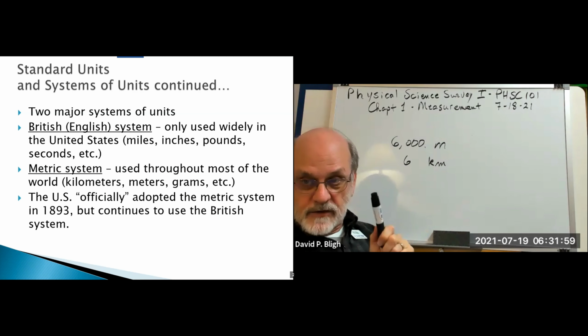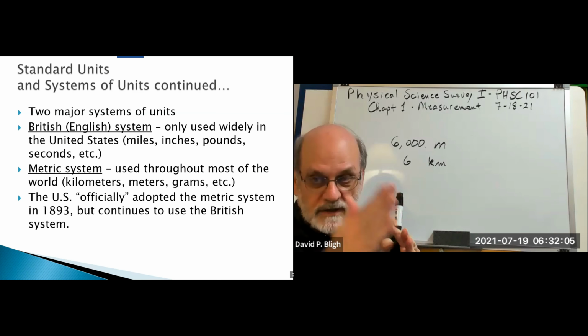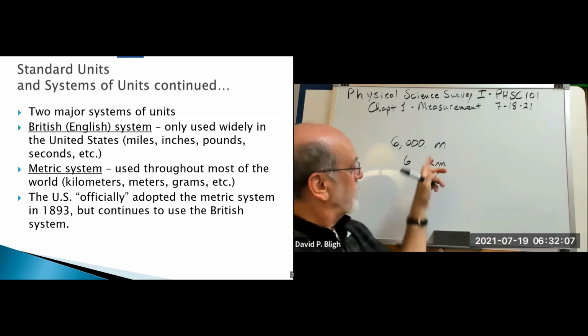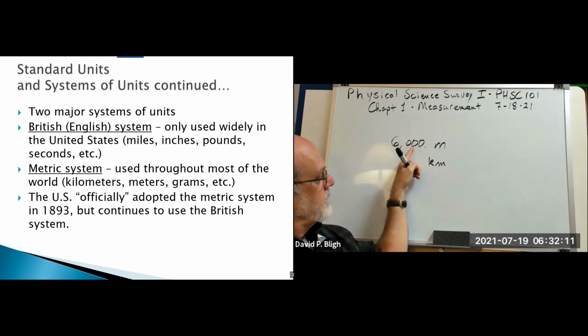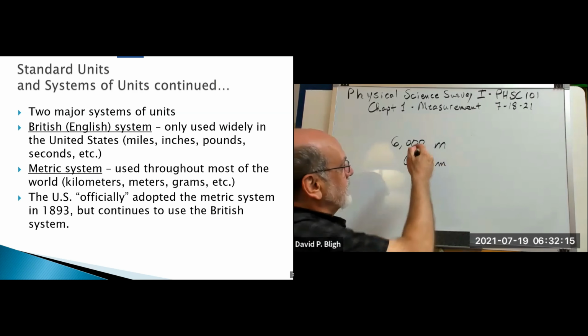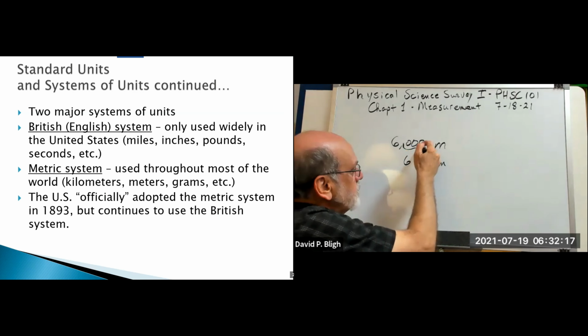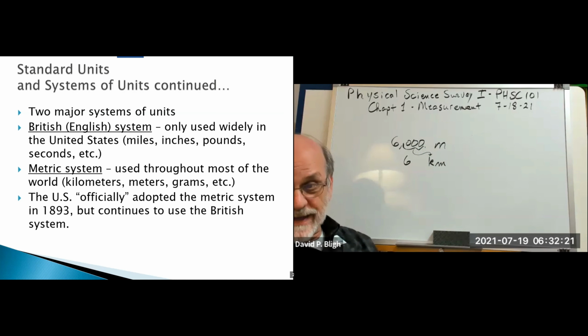The key to the metric system is it's based upon the decimal system. In other words, every increment in the number is a factor of 10. So there's the ones, tens, hundreds, thousands. And we can take these thousands units and put them into that prefix, K for kilo.